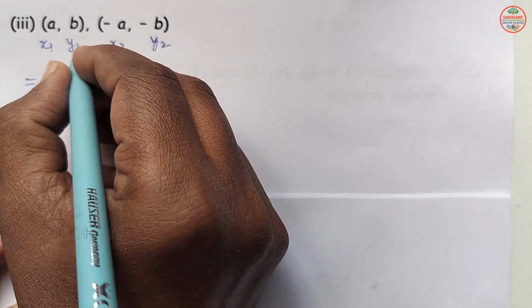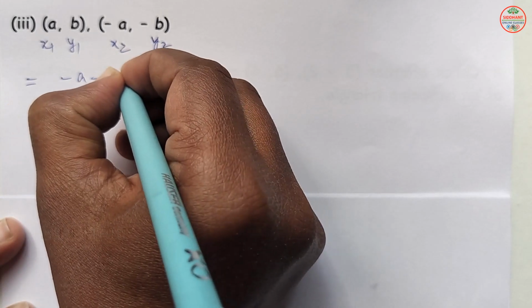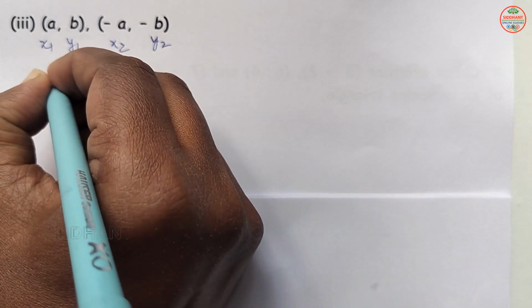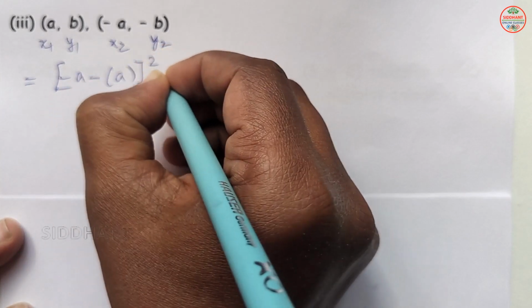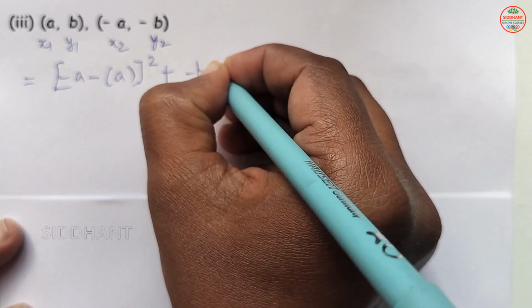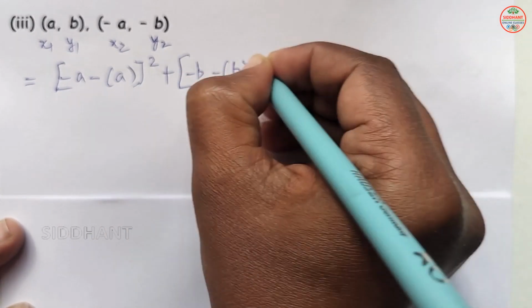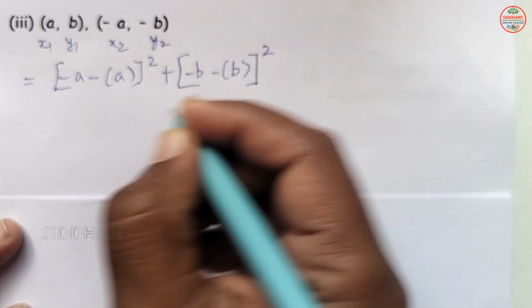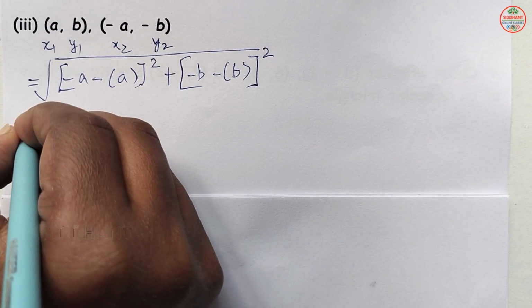First x2 minus x1, that means minus a minus of a, under the square root, plus y2 minus y1, that means minus b minus of b, all under the square root.